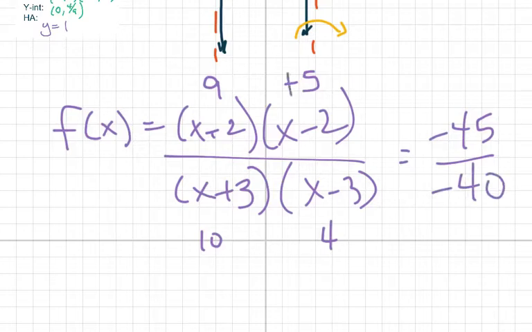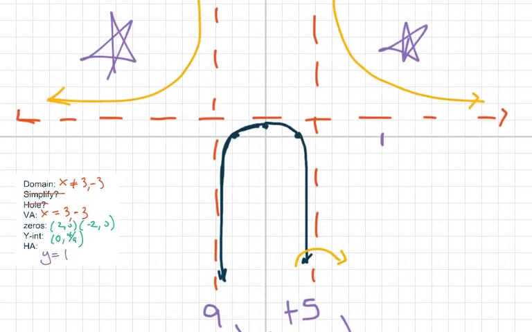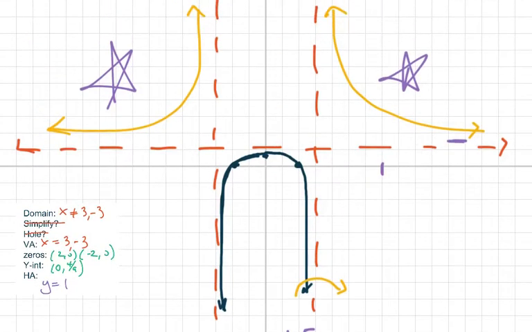That's positive, my bad. Positive 45 over positive 40, which is 9 over 8, which is greater than 1. And so because that value is greater than 1, I know that all of these values here are going to be above the asymptote.